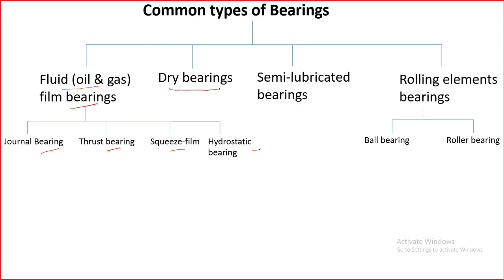The dry bearings will be just solid lubrication. Semi-lubricated bearings will be the porous metal or in situ lubrication, or in situ lubricated polymers we can use.